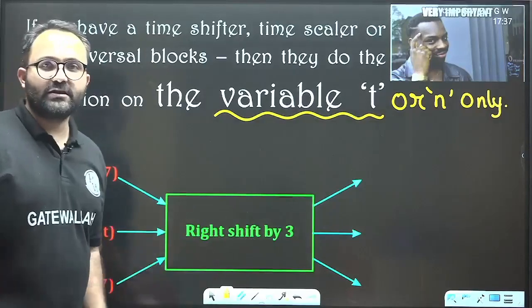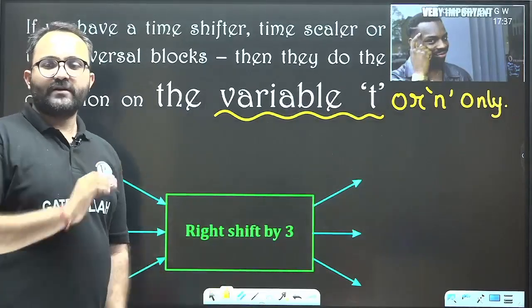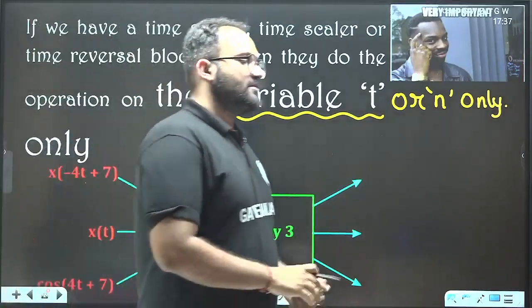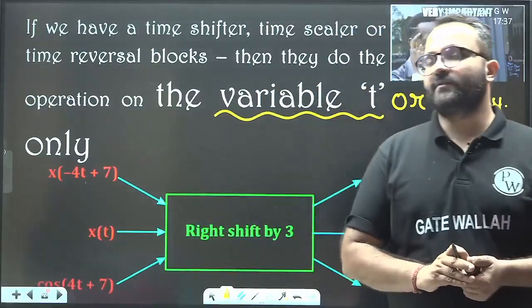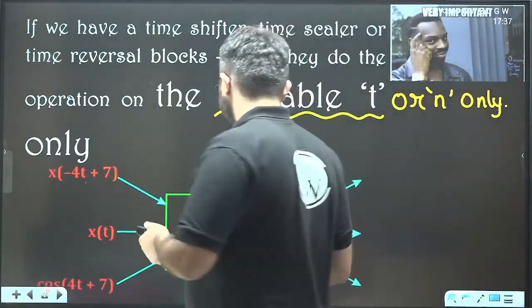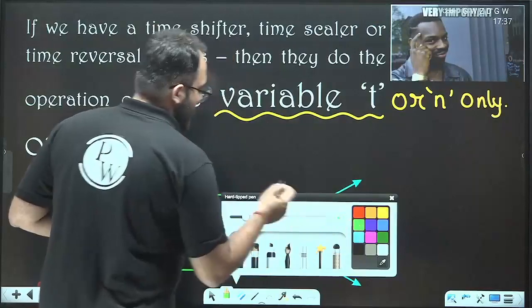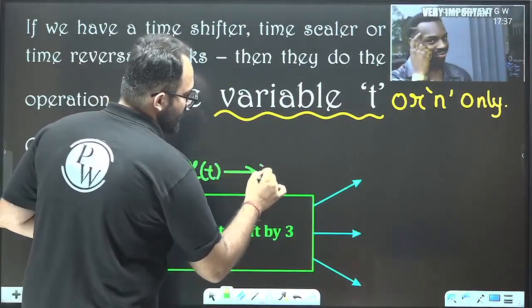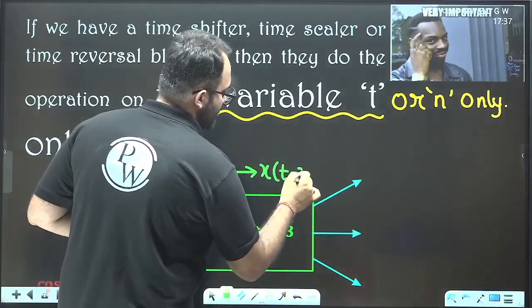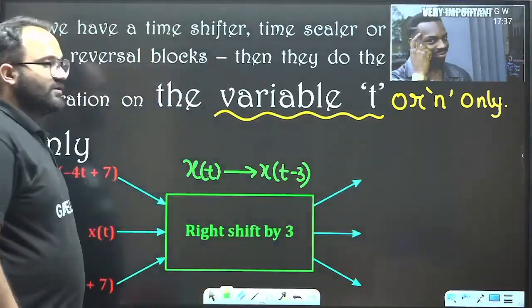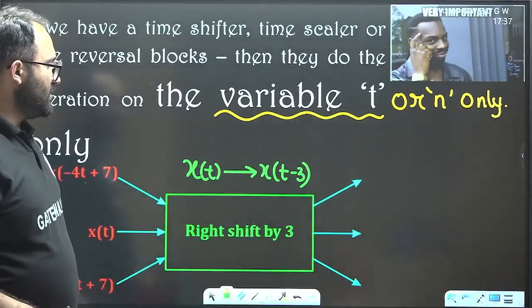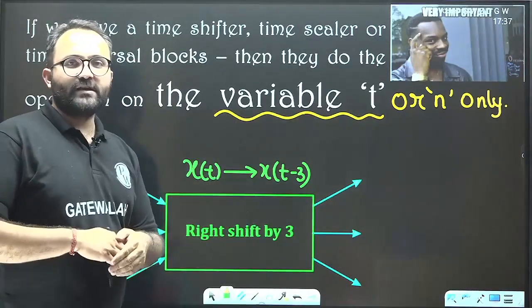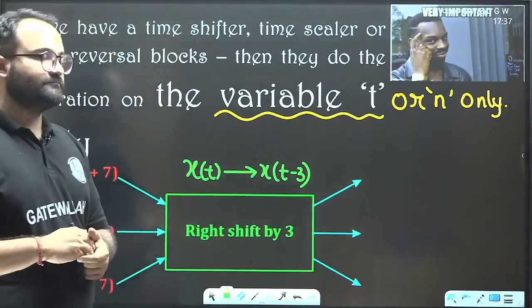Right shift by 3. Recall from the discussion we have already done that right shifting by 3 means, if the input is x(t), then the output is x(t-3). So x(t) converts into x(t-3), that is right shifting.